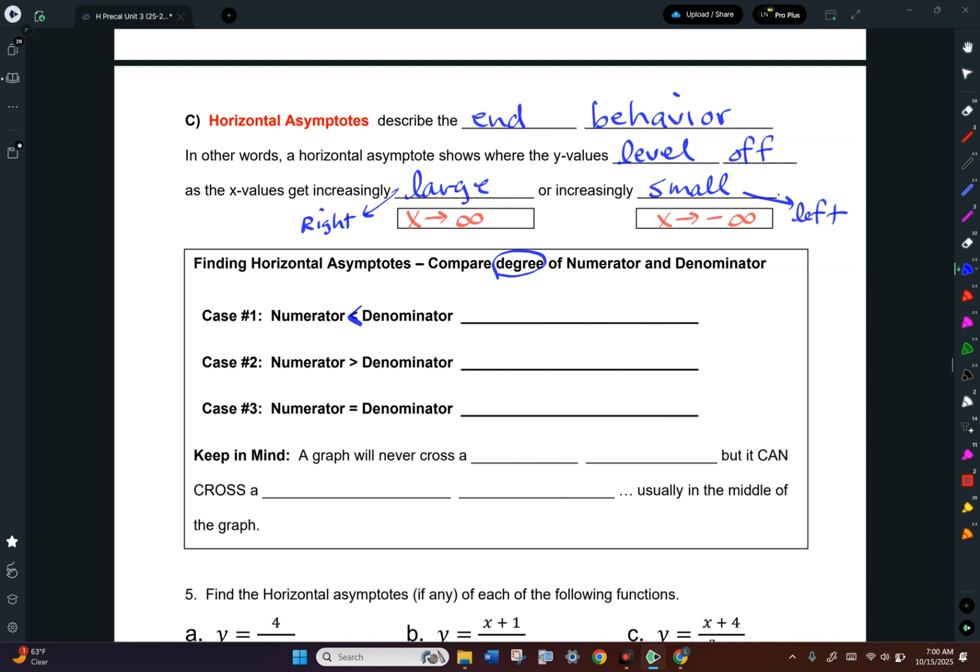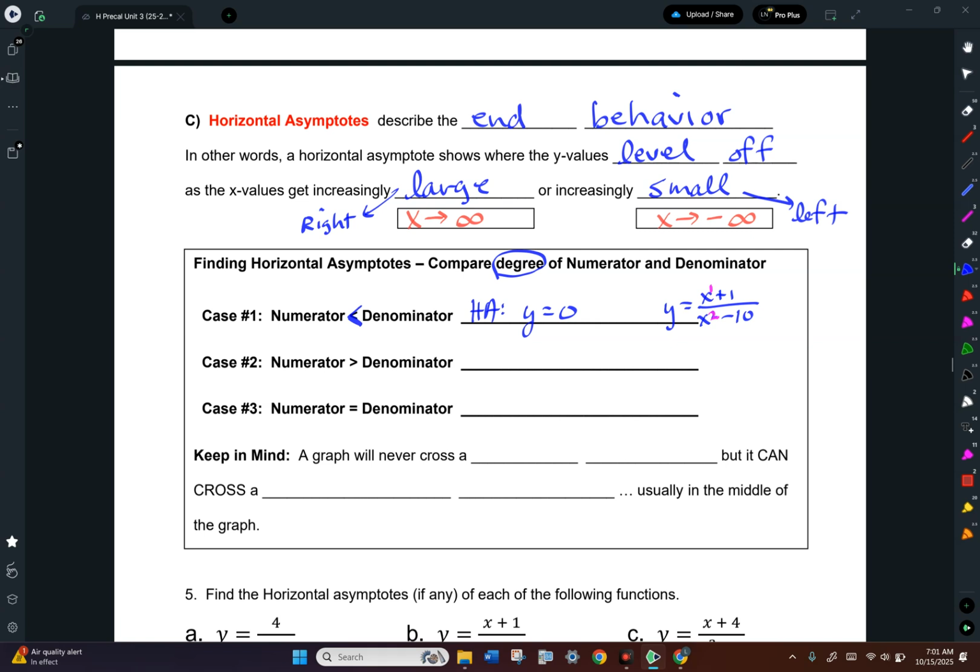An example might be y equals x plus 1 over x squared minus 10. So the degree of the top is 1, the degree of the bottom is 2. So the numerator is less than the denominator. In that case, we would say the horizontal asymptote is y equals 0. Okay?